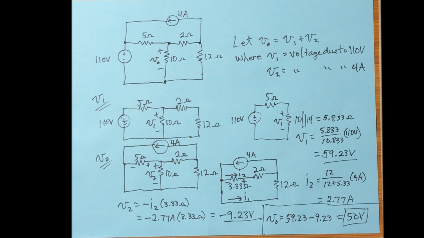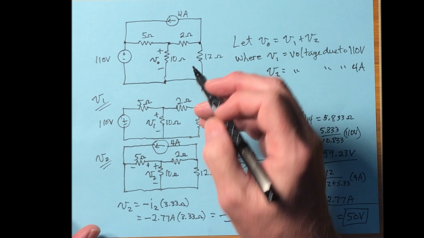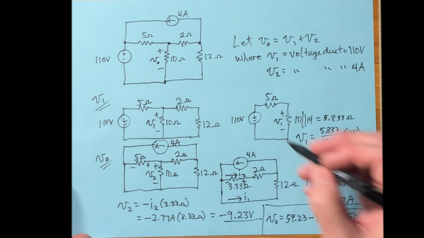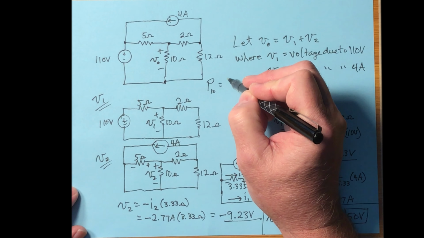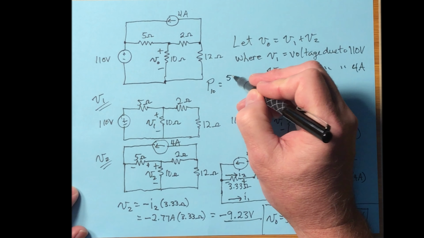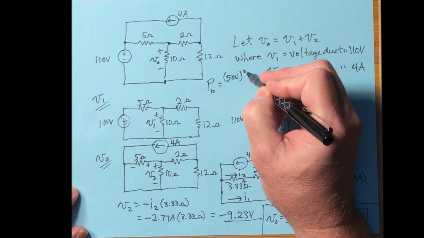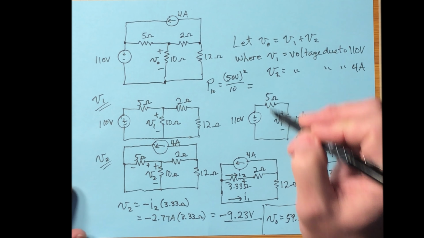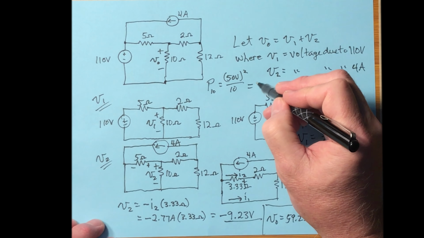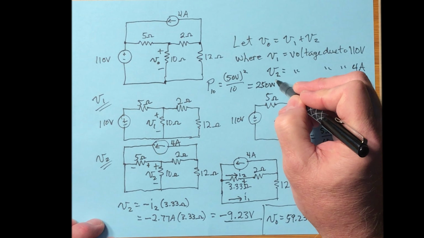Now, at this stage, if you needed to know what the power dissipated by the 10 ohm was, you could use this 50 volts and do P equals V squared over R. So the power for the 10 ohm would be 50 volts squared over 10, and let's see what that is. 250 watts.